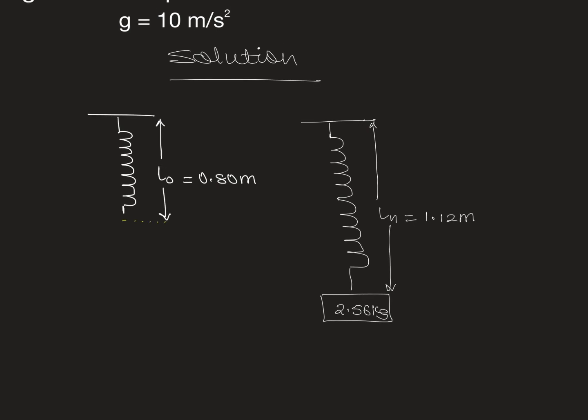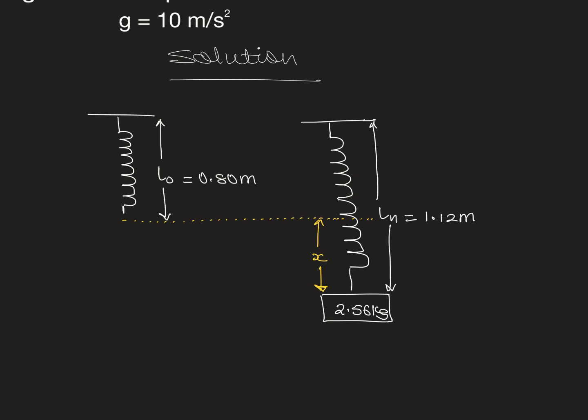So what can we derive from this information? When the mass was not attached, the spring had an unstretched length of 0.80 meters. That is the original length. But after the mass of 2.56 is attached, the spring assumes a new length of 1.12 meters. So this tells you that there was a change in length, and that change in length is what we call extension.